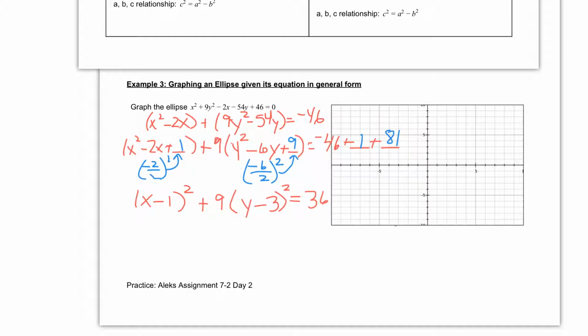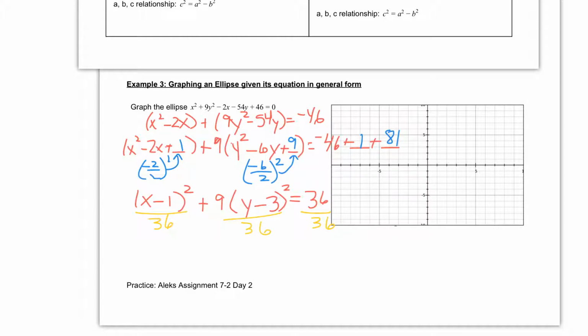So now that I've completed this square, I need to remember that the right-hand side of my ellipse always has to be 1. So to get rid of that 36, to turn it into a 1, I need to divide by 36. And if I divide by 36 on the right, I need to do the exact same thing on the left. So I'm going to divide each thing on the left by 36 as well.